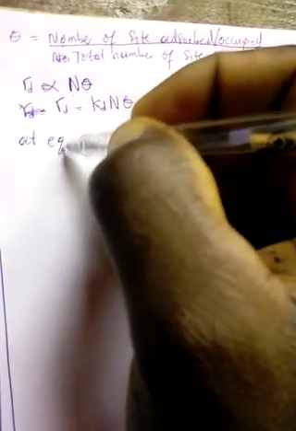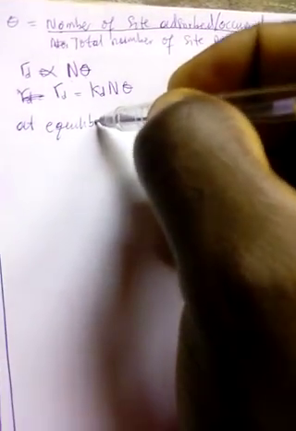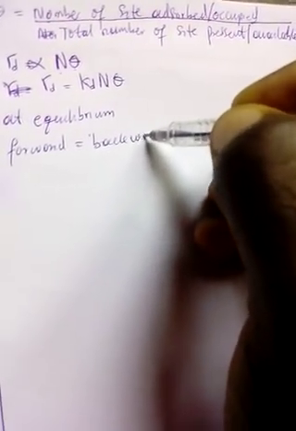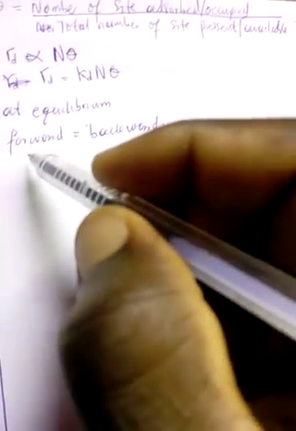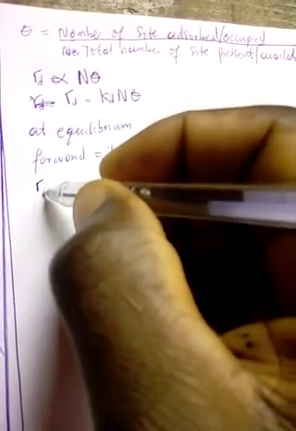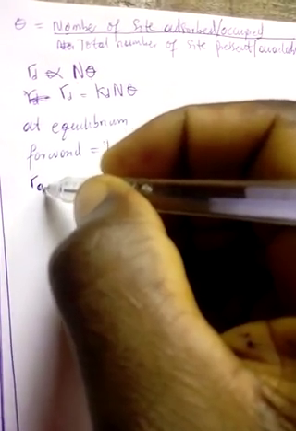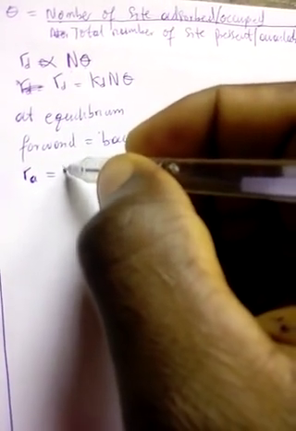We know that at equilibrium the forward reaction equals the backward reaction. I mean the rate of the forward reaction equals the rate of the backward reaction. So we now have RA equals RD.